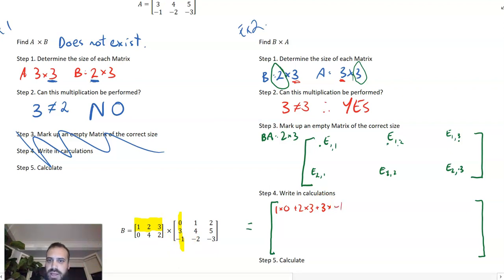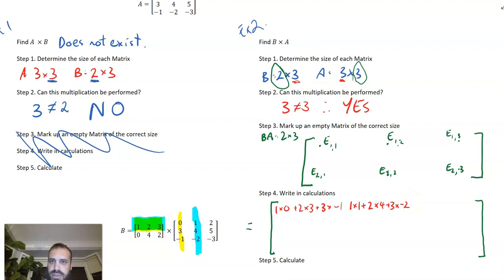This next element is going to be equal to row 1 times column 2. So it's 1 times 1, plus 2 times 4, plus 3 times negative 2.